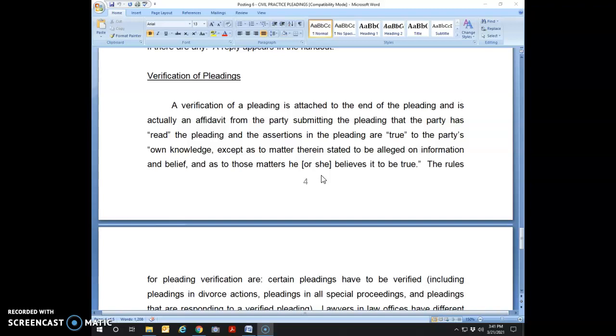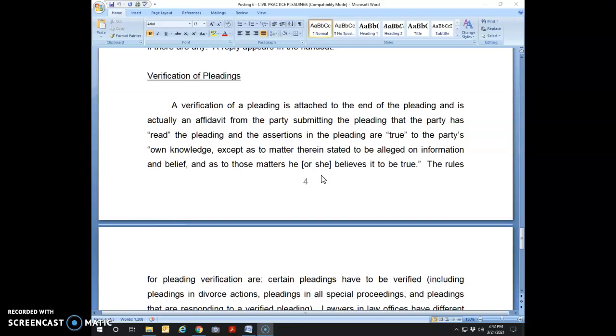And even if you catch somebody in a lie in a verified pleading, I don't think that a district attorney in any county in New York State is going to say, oh, well, let's prosecute this person for a false statement under oath. I just don't think that's going to happen in a day and age of other crimes that are occurring.